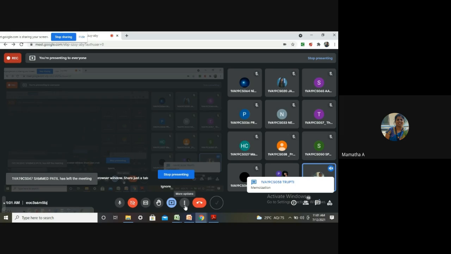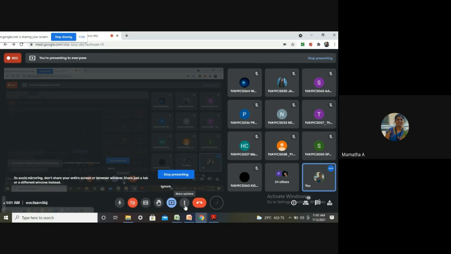Can anybody tell me what does Warshall's algorithm compute? Ma'am, transitive closure of a directed graph. What is the transitive closure? Okay, path matrix of a directed graph.